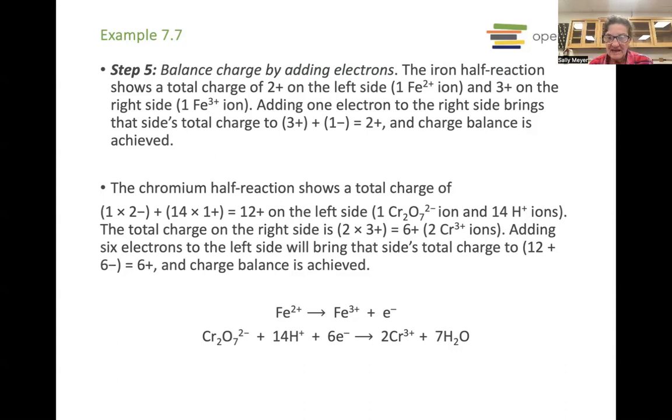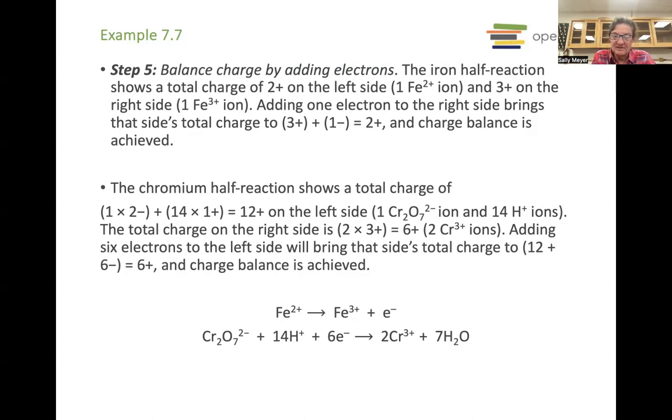and now both sides will be balanced. And if you look at the second half reaction, on the product side, you have water molecules that are neutral, so those don't contribute, but you have 2 chromium 3 plus cations, so that means you have on the product side 6 plus charge overall. So we need to take the dichromate, which is -2, and 14 plus 1s.